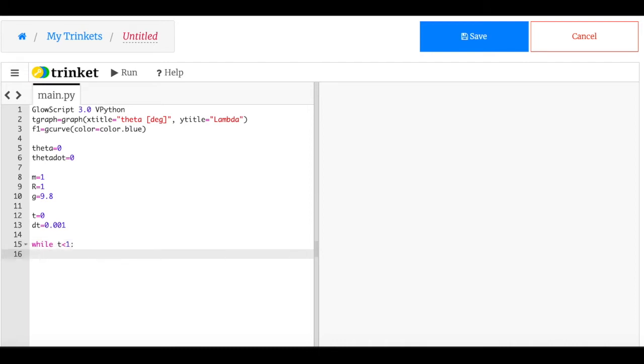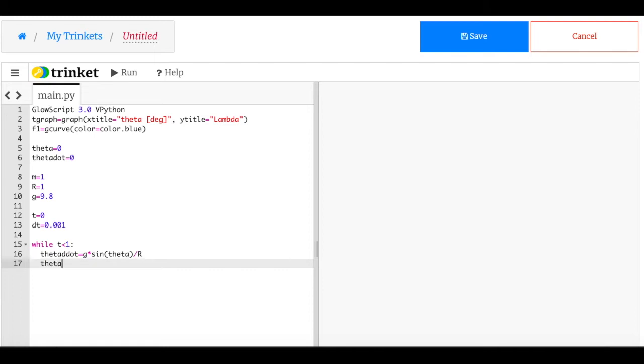First thing I need to do is calculate the value for theta double dot. And I get that straight from my expression. So I say theta double dot, I'm going to call that dd dot, equals g times sine of theta divided by r. Next thing I'm going to do is to use that theta double dot to calculate the new theta dot.